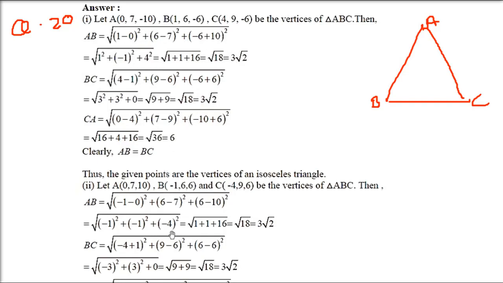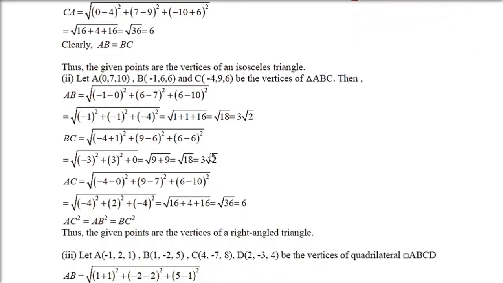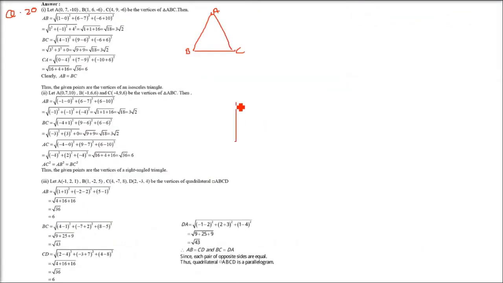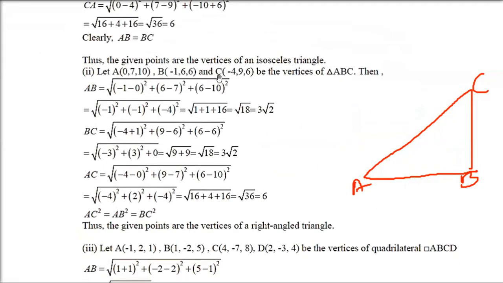But in the second part, the points are almost the same actually. So 0, 7, 10, 1, minus 1, 6, 6 and minus 4, 6, 9, 6. So AB square plus BC square, if it is equal to AC square, again I said, find out the triangle sides, take the biggest one, square it, take the other 2 smaller sides, square them, add them. If they are equal, that is going to be a right angle triangle.